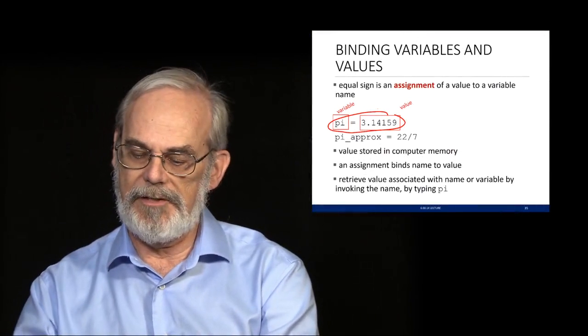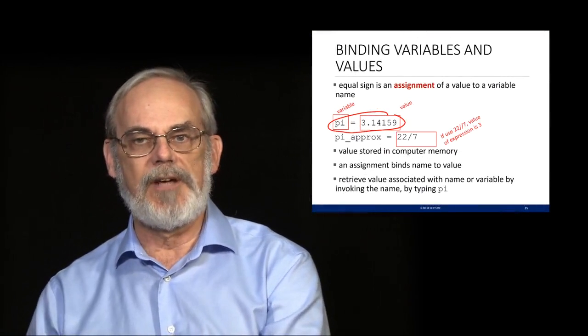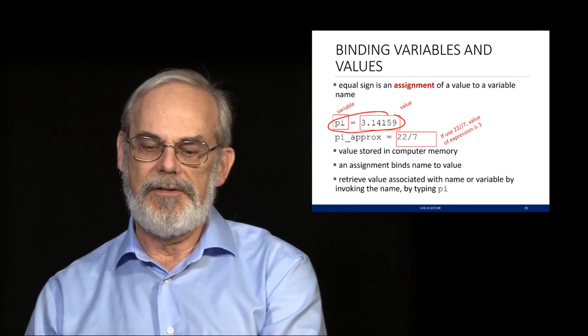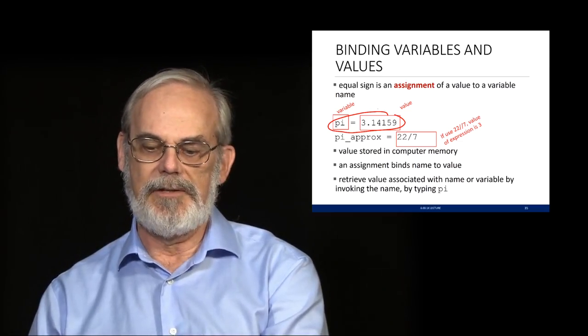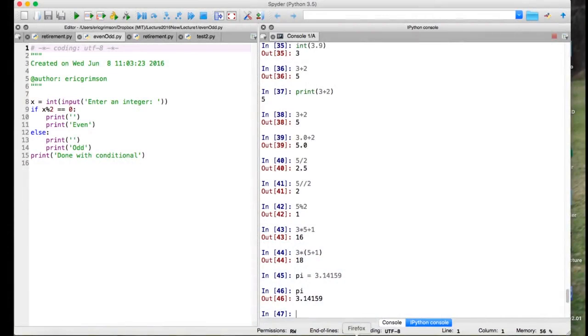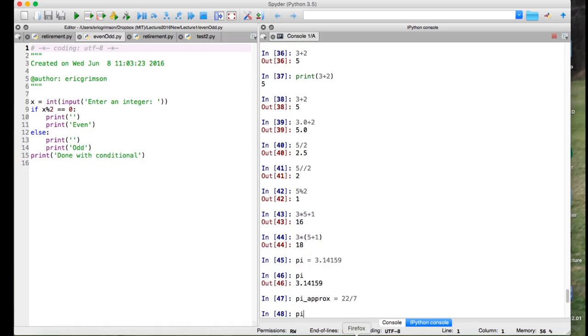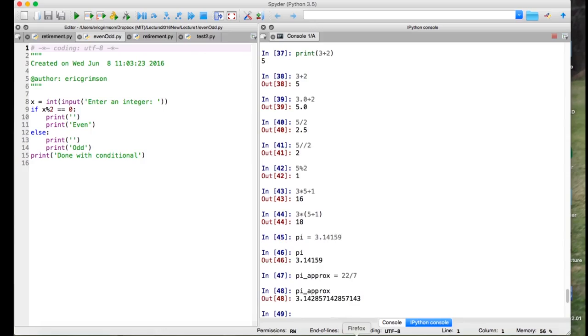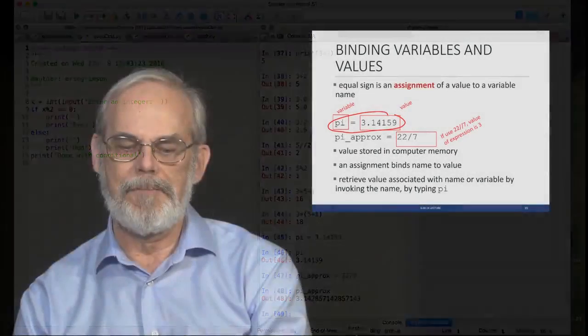I could give an approximation to pi, and I want to put this one up because I want to remind you that if I were to use double slash, I would get just the expression 3, but here it's going to give me something a little different. And if I do pi approx, I say 22 divided by 7, and I ask for that value, I get a little bit better, or maybe not better, representation of pi.